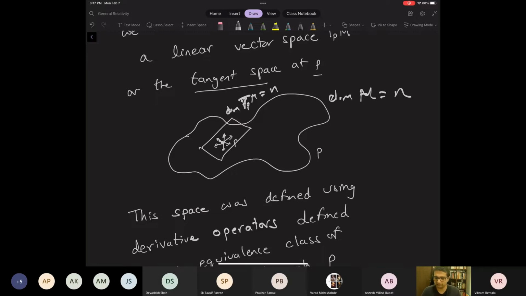The dimension of a vector space is a very different notion than the dimension of a manifold. The dimension of the manifold has to do with the homeomorphism between the manifold and R^n. The dimension of the vector space has to do with how many linearly independent vectors make up the vector space.